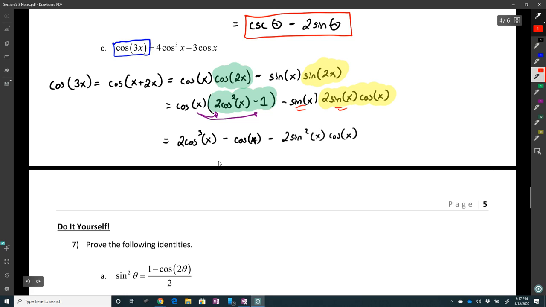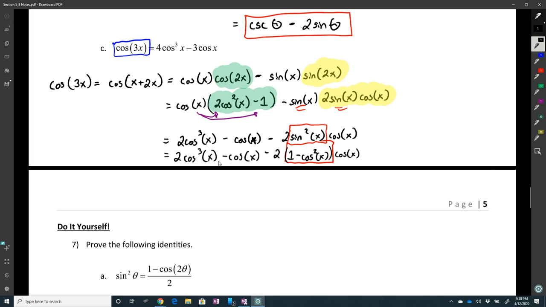Now this sine squared, I'm going to turn into 1 minus cosine squared. Almost had it backwards. But there's still the 2, and there's still the cosine x next to it. So this is, again, in parentheses. Almost done. I'm going to be bleeding into the next page, but we'll finish it.